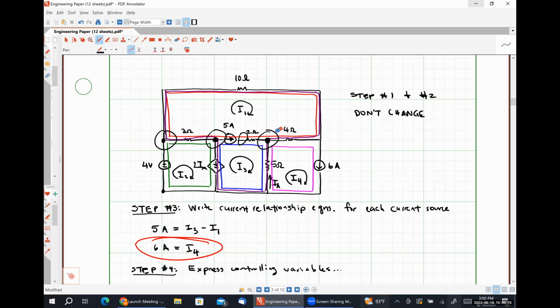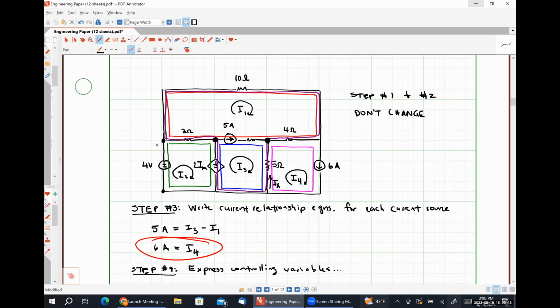If you're going to get the same number of equations using nodal or mesh, then I see if I'm solving for a voltage. I'm going to use nodal analysis because nodal analysis gives me voltages directly. And if I'm solving for currents, then I'm going to use mesh analysis because mesh analysis lets me solve for currents directly.